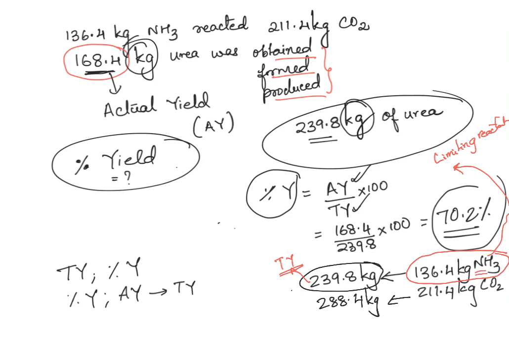Remember there are two reactants here, ammonia and carbon dioxide. The limiting reactant is the reactant that gave you the theoretical yield of the product. So when you compare the amount of product that you get from both the reactants, the lowest amount of product is the theoretical yield of the product, and the reactant that gives you the lowest amount becomes the limiting reactant.